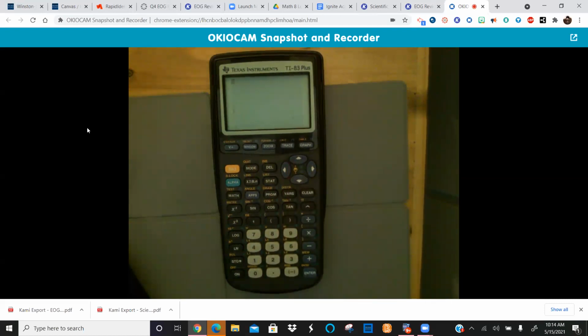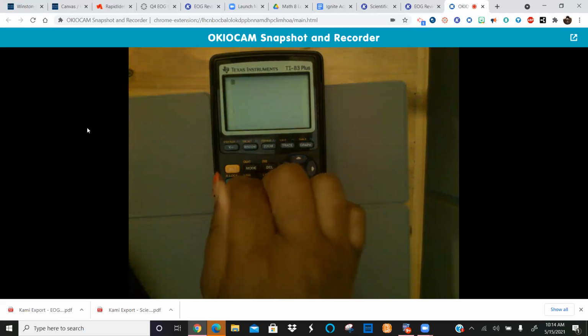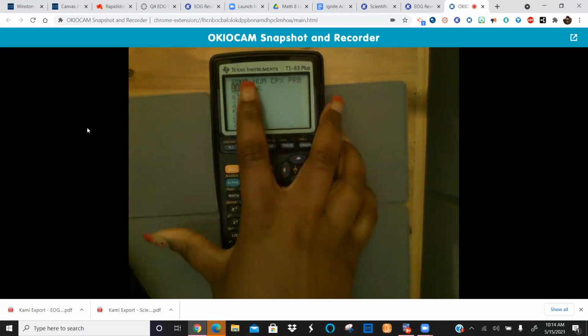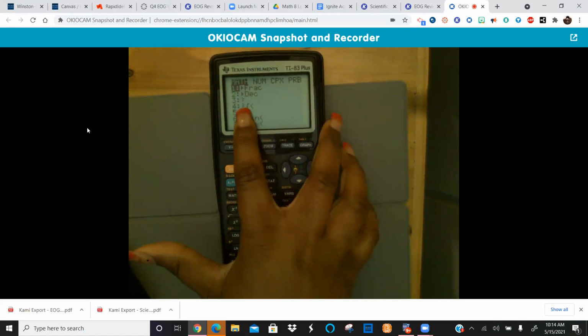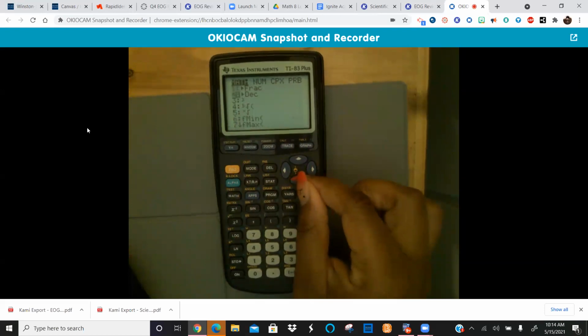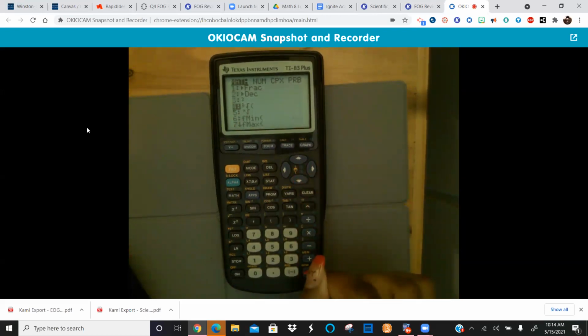All right. Now let's do cube root of a number. So to do the cube root of a number, you press math. Then you go down to cube root. It's right here. This is cube root, number 4. Press enter. So let's do 81.